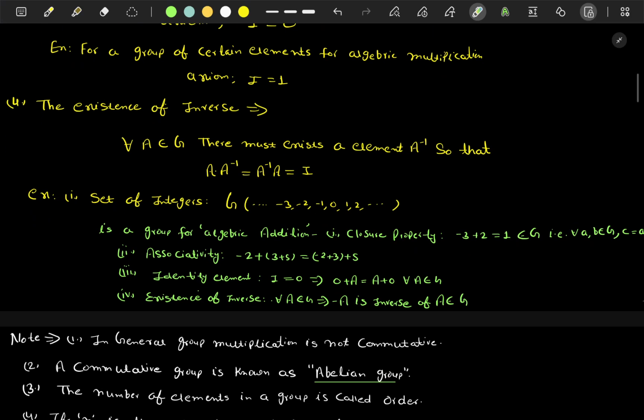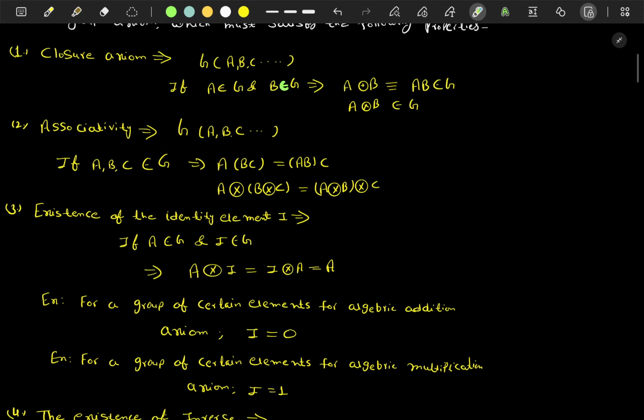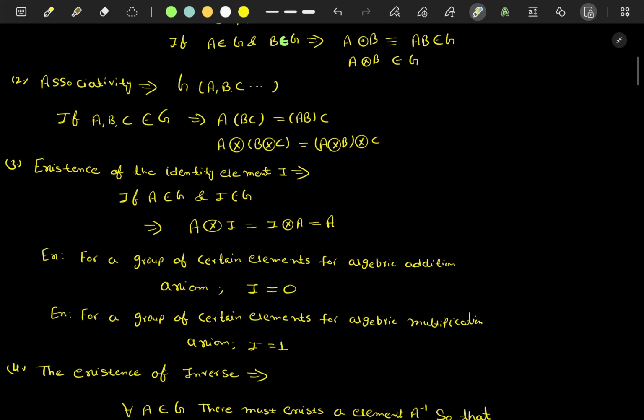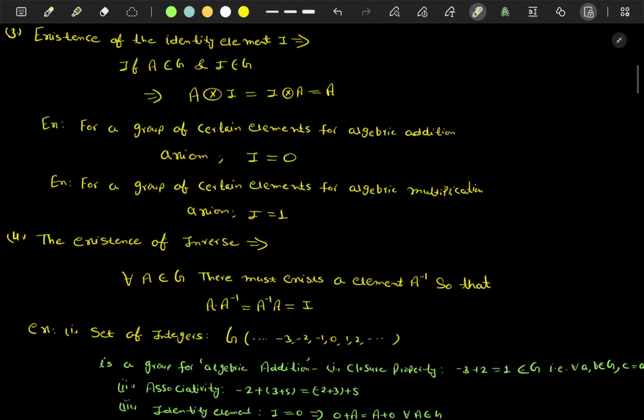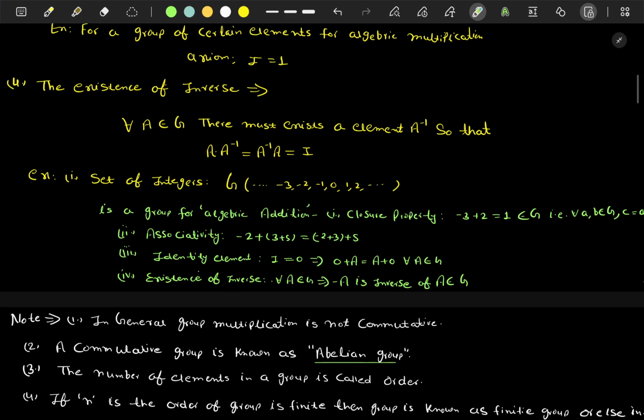So first is the closure property. Second is associativity. Third, identity element existence. Fourth, inverse existence. These 4 properties must be followed by the elements of the group. Then only we can say the set of elements is a group, or else it will not be called a group. It is only called a set.